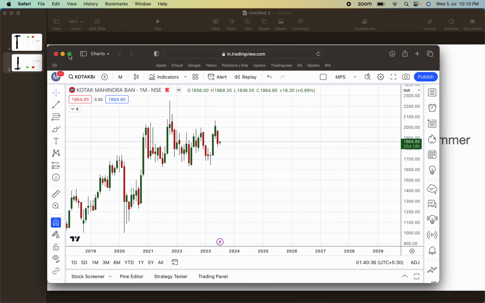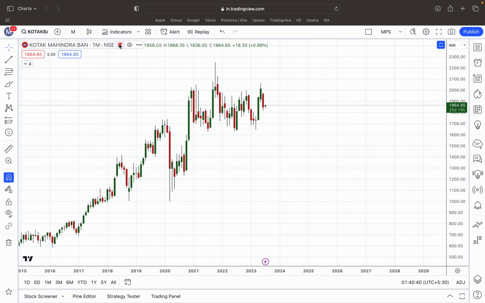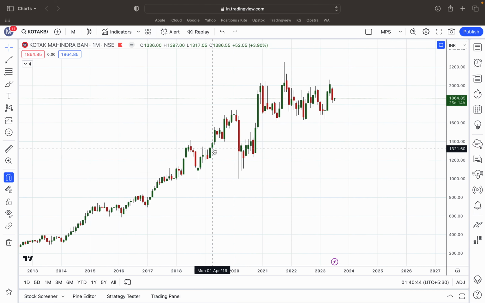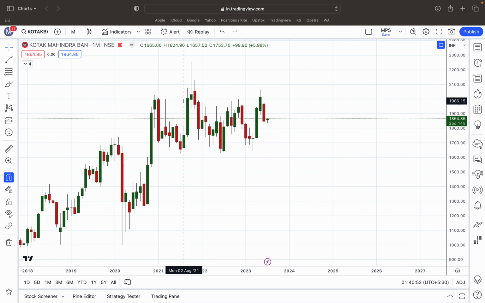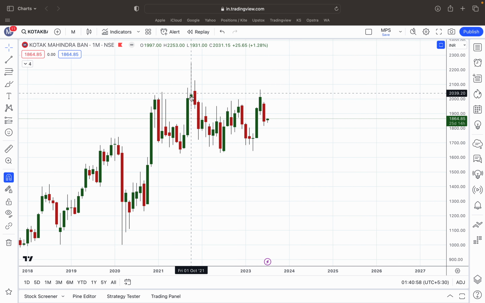Right in front of me, I have this Kotak Mahindra Bank chart of the monthly time frame. M stands for monthly. Now let us find out. Here you have this candle, which is a green-colored body with a smaller lower wick and a very long upper wick.